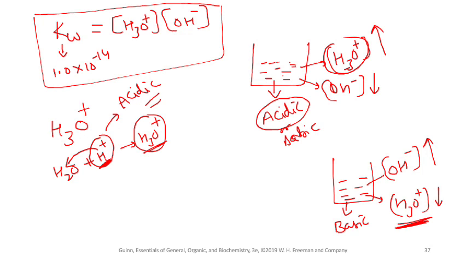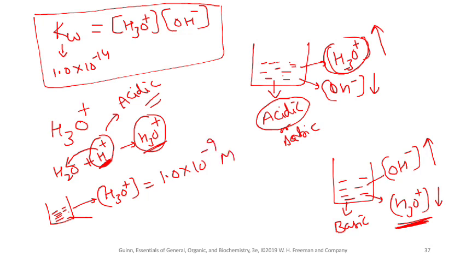So let me give you one more example here. The concentration of H3O plus in any solution, let's say this is the solution, is 1.0 times 10 to the power negative 9 molar. In the same solution, the concentration of OH negative ion is 1.0 times 10 to the power negative 5 molar.